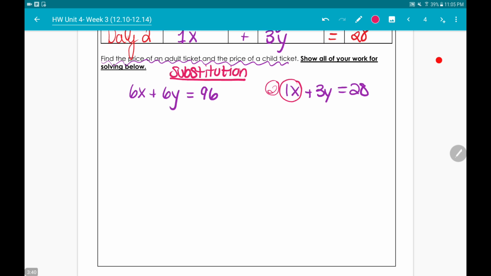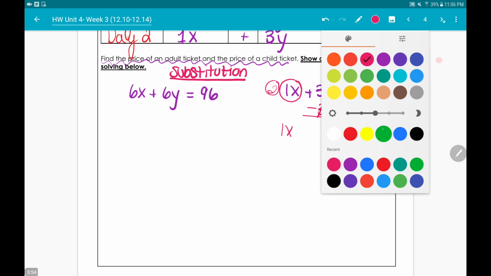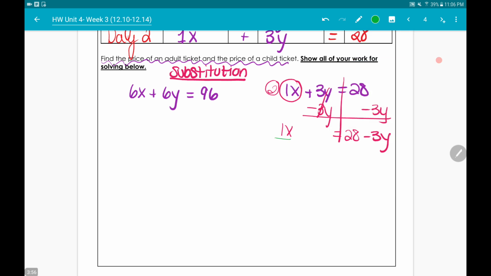All right, so substitution. I need to get one variable alone, and I chose x. So I'm going to go ahead and move the 3y over. And I get 1x equals 28, take away 3y. So now I have an x that's isolated because if I divide this all by 1, it's the same thing. X equals 28 minus 3y. So x is isolated.